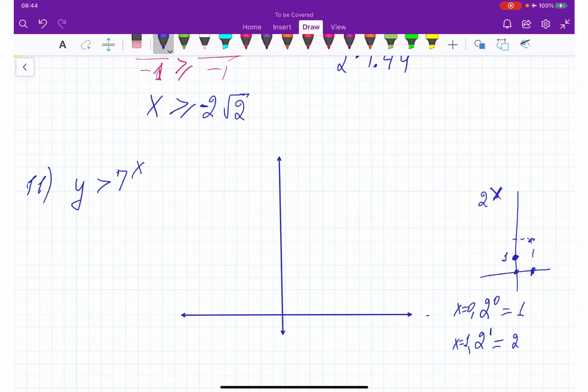Having these 2 points, and down here, you can take a couple of values of x. You will see it goes this way. Okay, now for the 7, x is equal to 0. 7 to the power x is equal to 1, right? x is equal to 1, 7 to the power 1 is equal to 7.